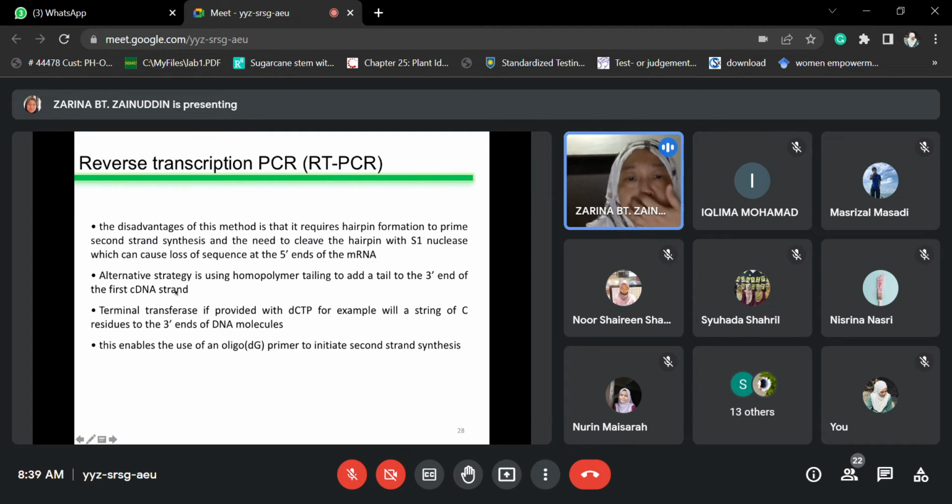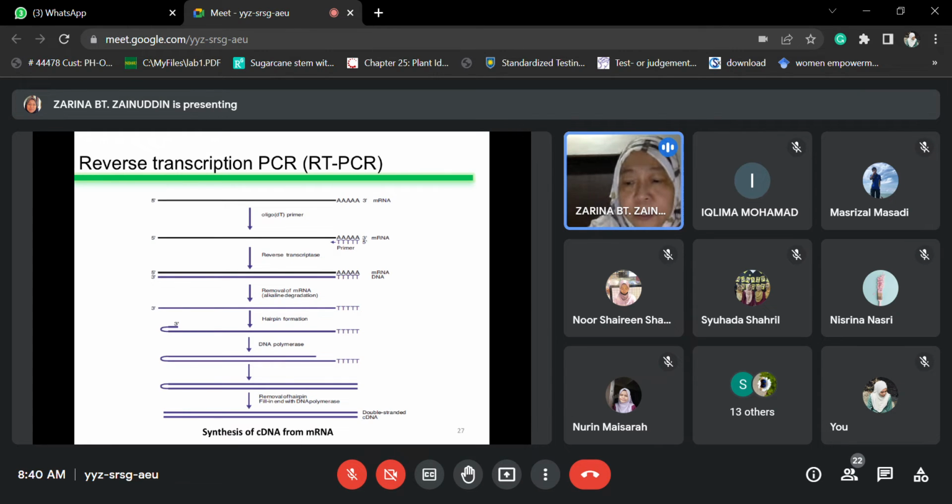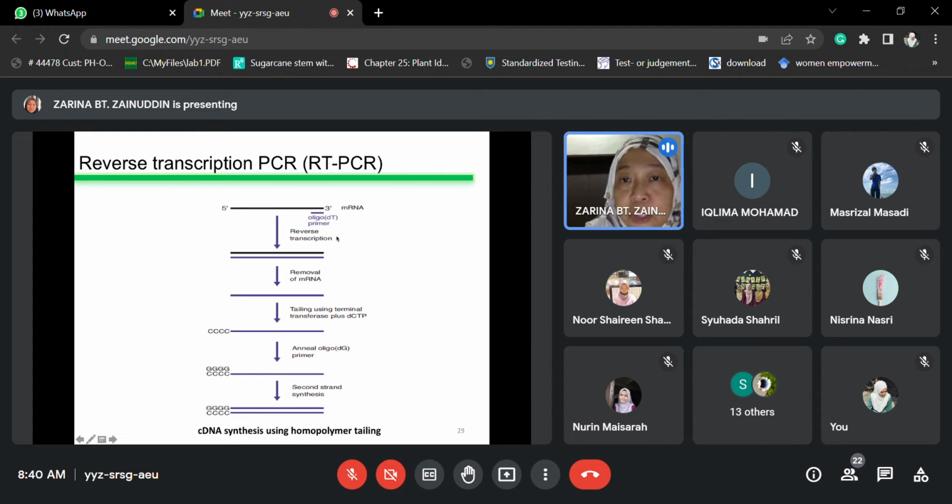If the terminal transferase is provided with dCTP, for example, it adds a string of C residues to the 3' end. This enables an oligo-dG primer to initiate second strand synthesis. So this is what we do. Another method for cDNA synthesis, compared to this one, is to use this one.